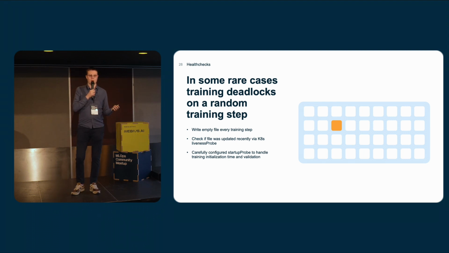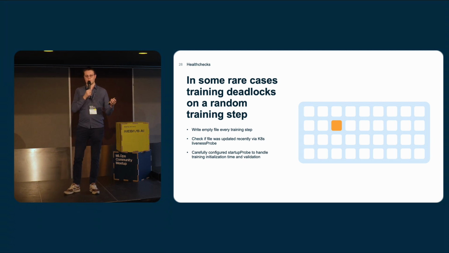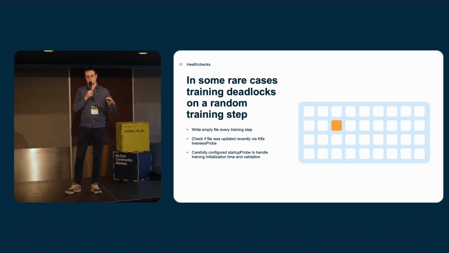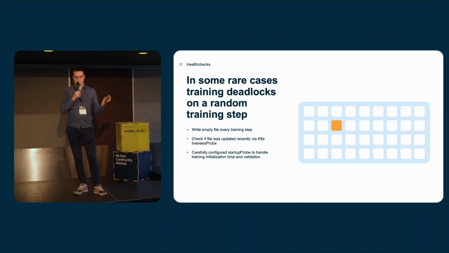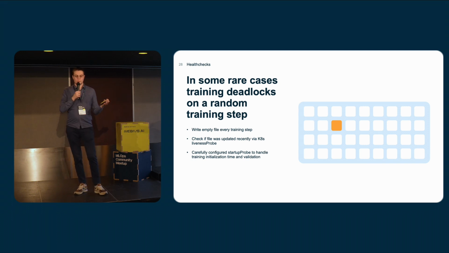In this case, we have implemented a health check mechanism: on each successful training step, we update an empty file in the master worker file system, and along with Kubernetes' inbuilt pod health check mechanism, we check that at any given point in time it was updated recently. If it is not, then the training process probably deadlocked, and we have to trigger a restart mechanism.